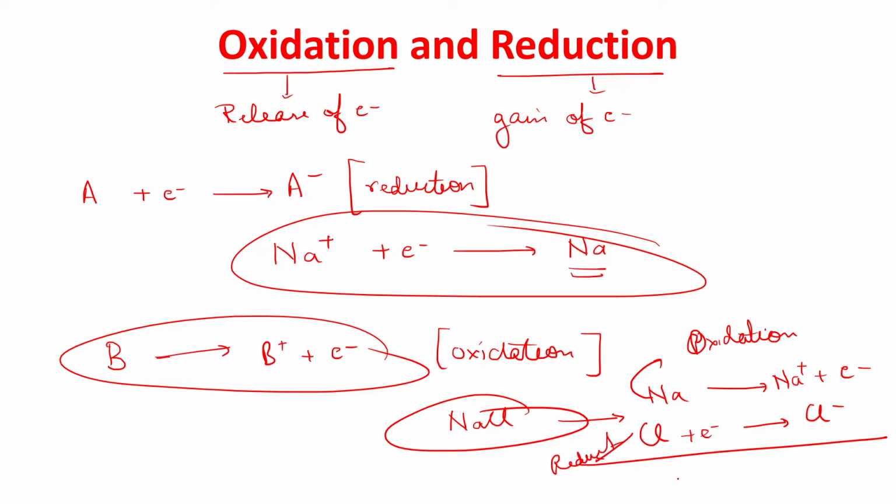If you combine both, Na plus Cl, the electron gets cancelled, and gives NaCl. Here sodium is in the solid state and half a Cl2 molecule generates half Cl minus ion. So sodium plus half Cl2 gaseous molecule will generate sodium chloride.